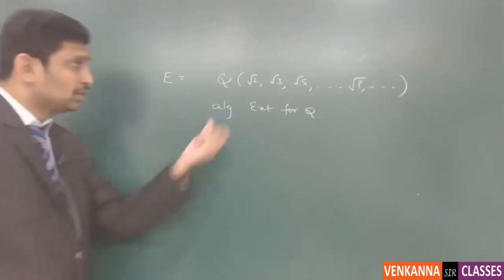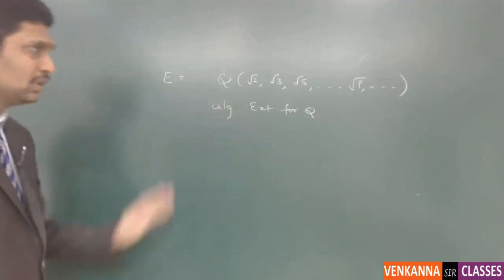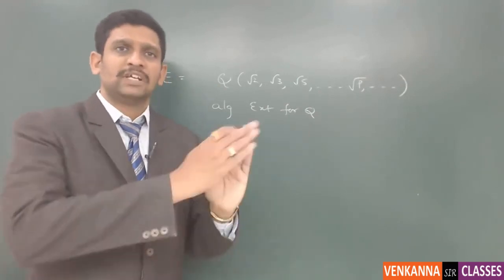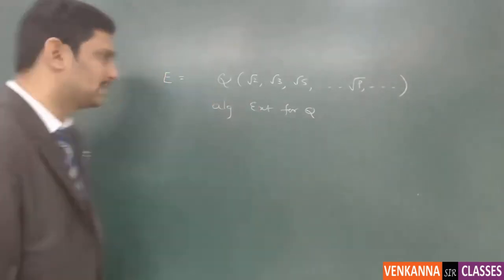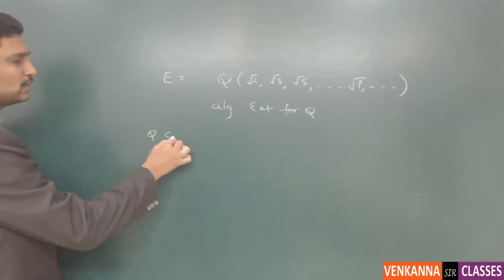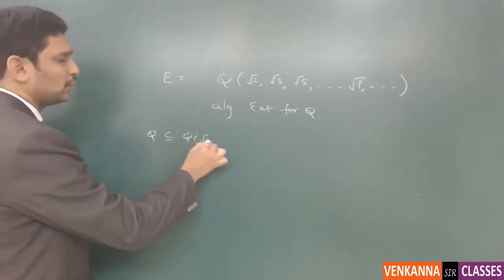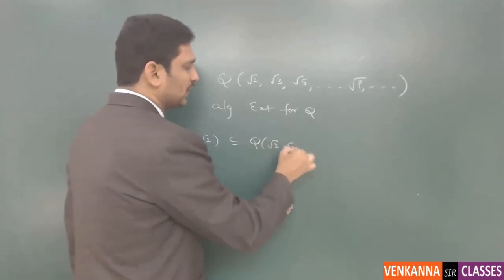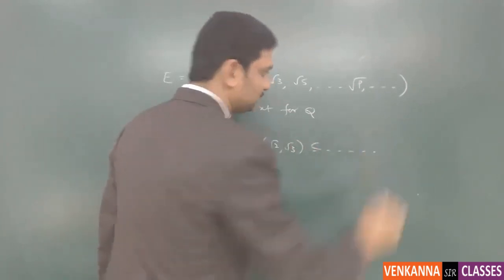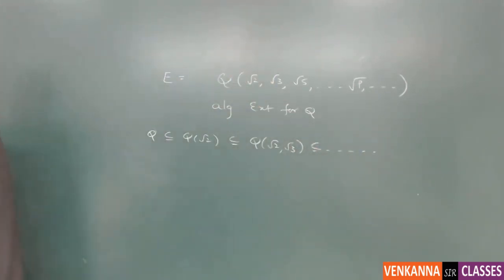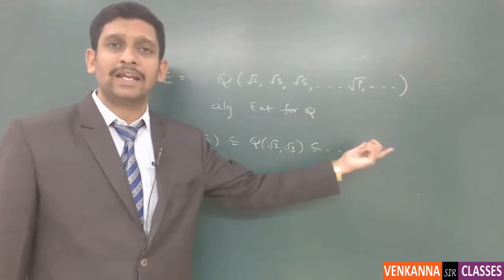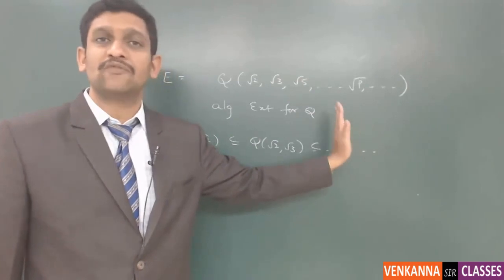Now, you can understand one more thing, that you can have a chain of fields, each one extending further like this. Q subset of Q of root 2 subset of Q of root 2, root 3 subset of, and so on. And I will say that this chain will never end. You cannot get a stoppage for this chain.